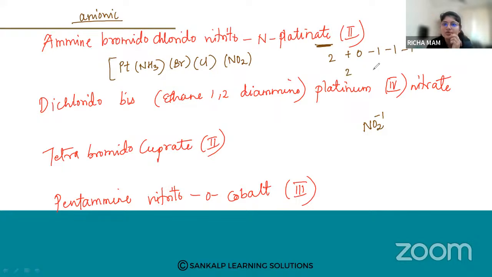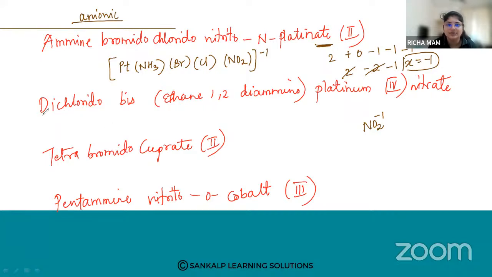Okay, so 2 minus 2 is 0. So the charge will be -1. So 2 minus 2 is 0 and it is -1. So the charge will be -1.